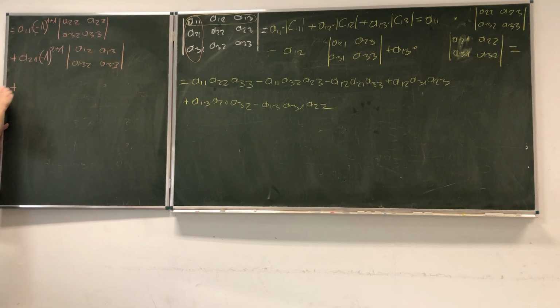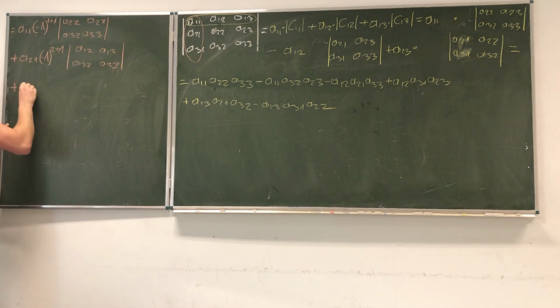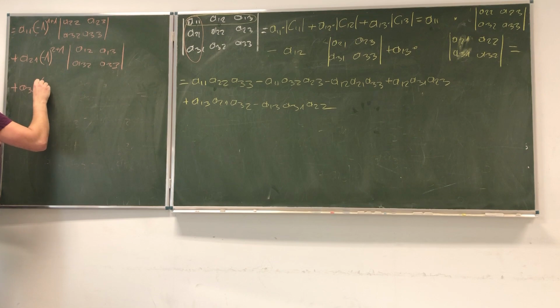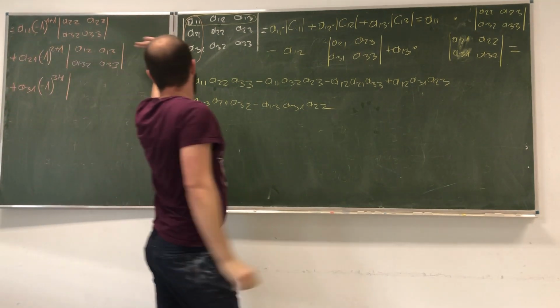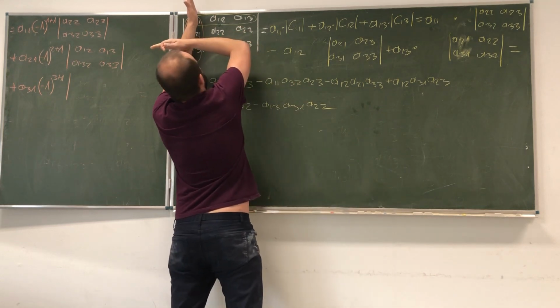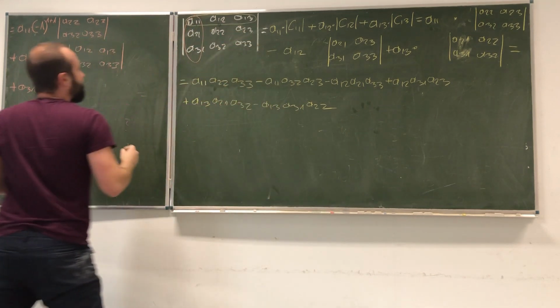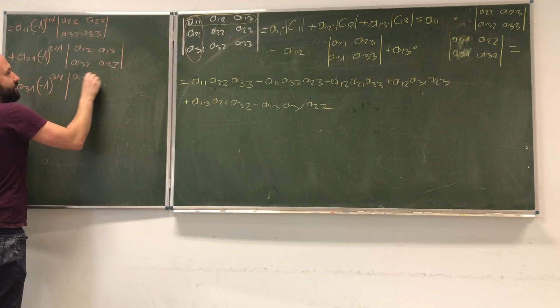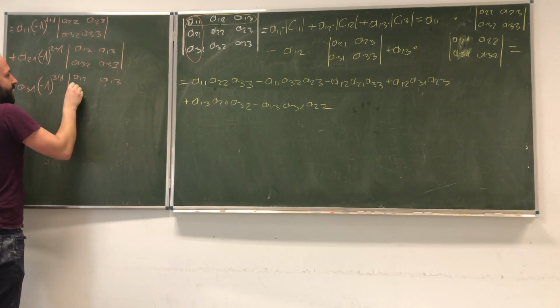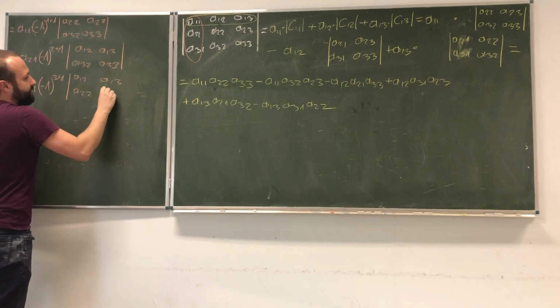Then, finally, I need to add the last element, so A31 times negative 1 to the power 3 plus 1. And now if I delete third row, first column, this is what I have left. A12, A13, A22, A23.